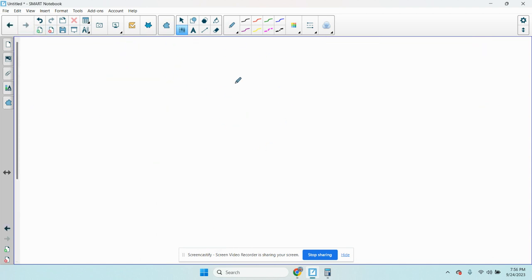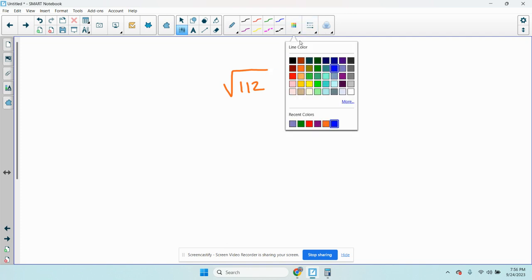Just to show you a different example, let's say I make one up. Let's say I had the square root of 112.